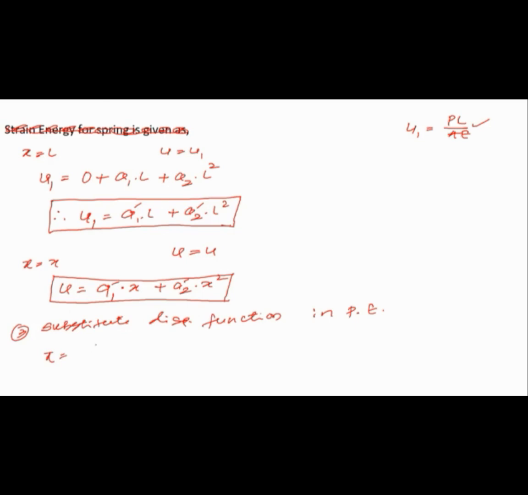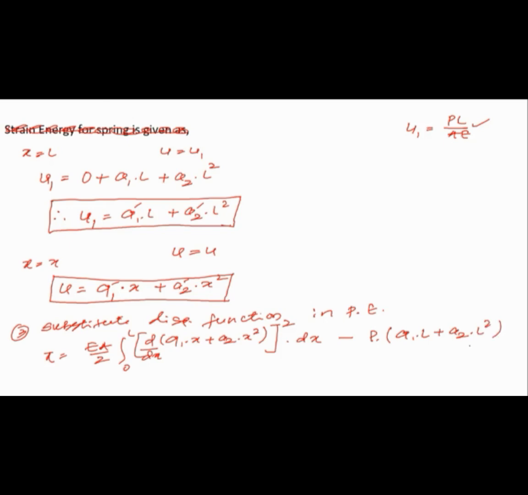Phi is equal to EA divided by 2 integration 0 to L of d by dx of u, means du by dx. What is my u? Let us substitute u as a1 into x plus a2 into x square. Then this entire term whole square into dx, minus P into u1, where u1 is a1 into L plus a2 into L square.